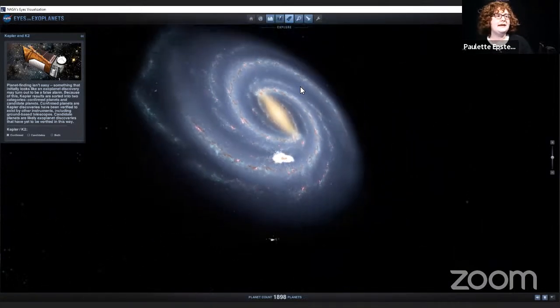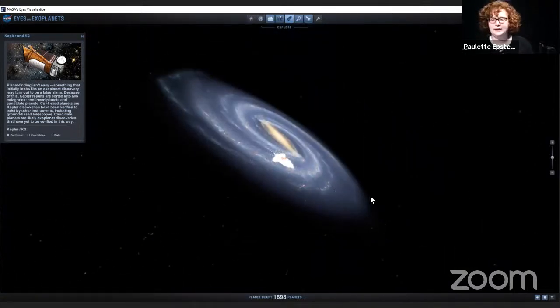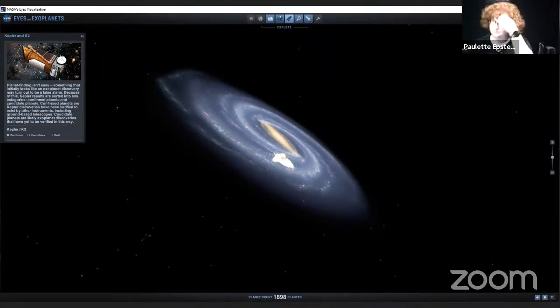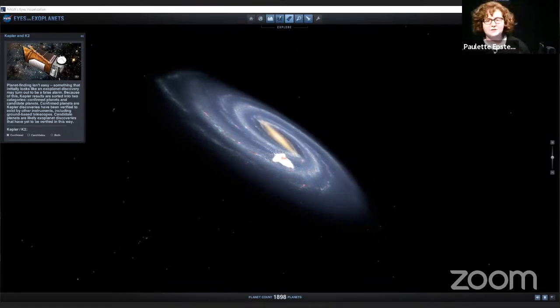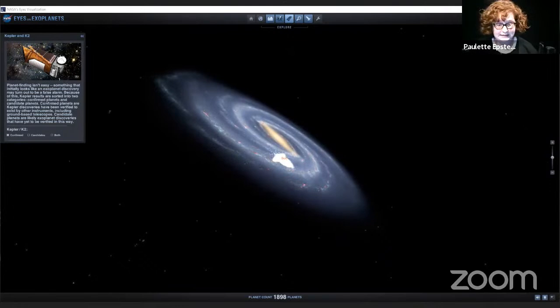But we've actually been able to estimate how many other galaxies there are out there. If we take a look at another image from our Hubble Space Telescope, I love the Hubble Space Telescope. It is definitely one of my favorites.